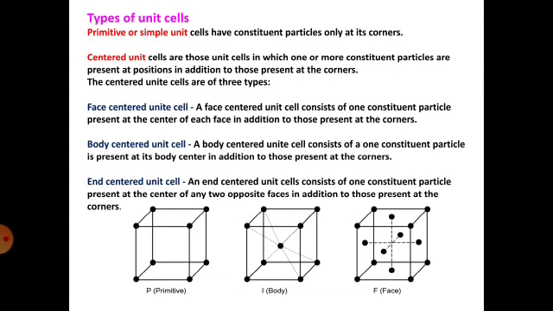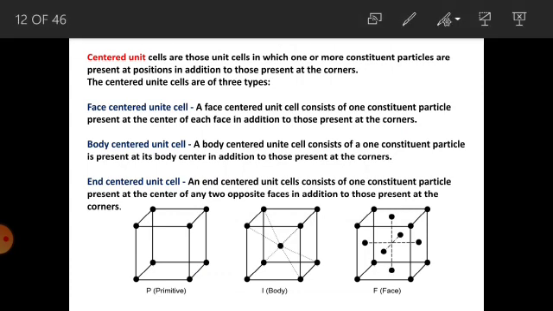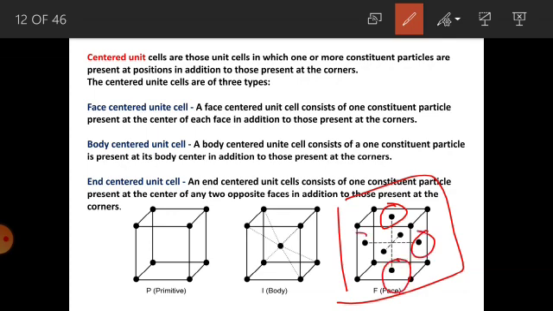The first one is the face-centered unit cell. A face-centered unit cell consists of one constituent particle present at the center of each face, in addition to those present at the corners. Students, focus on this diagram where the particles are present at the corner positions, and apart from the corners, the particles are present at each face of the cubic unit cell.